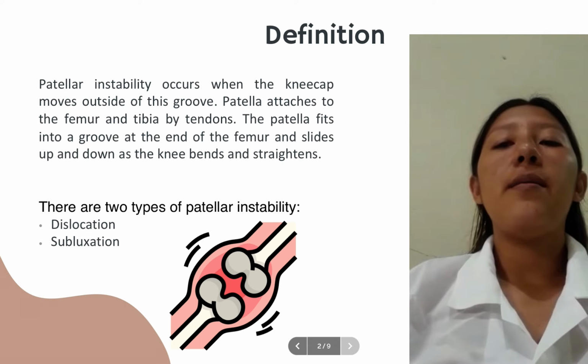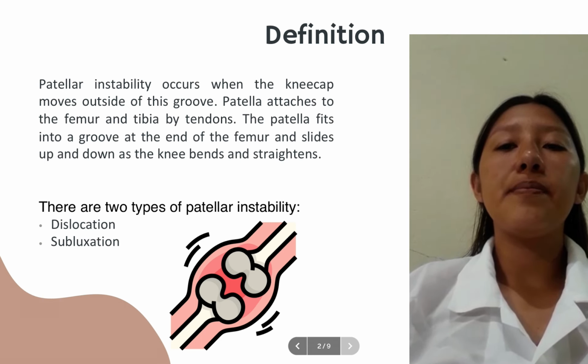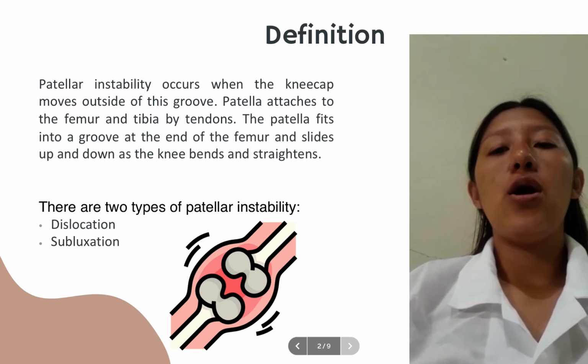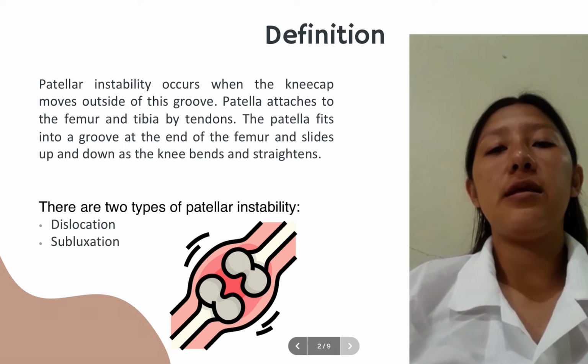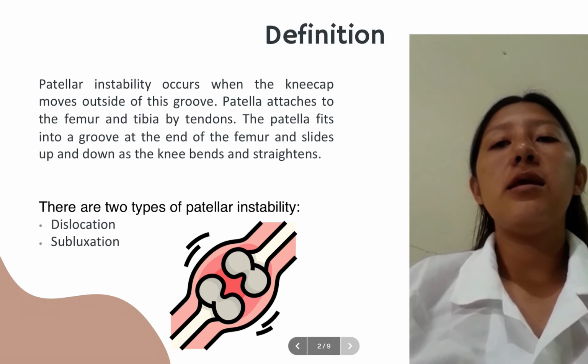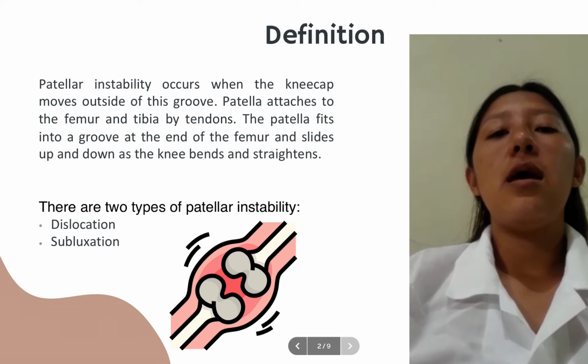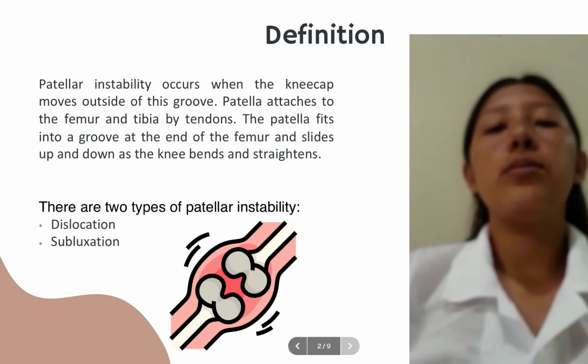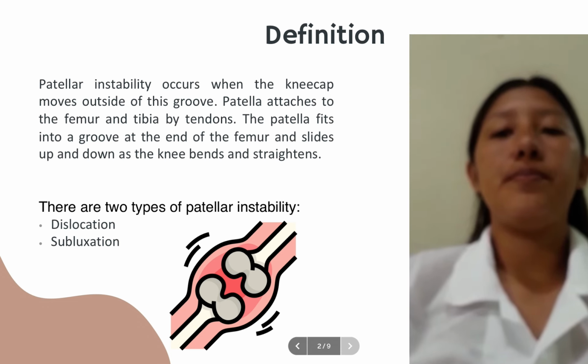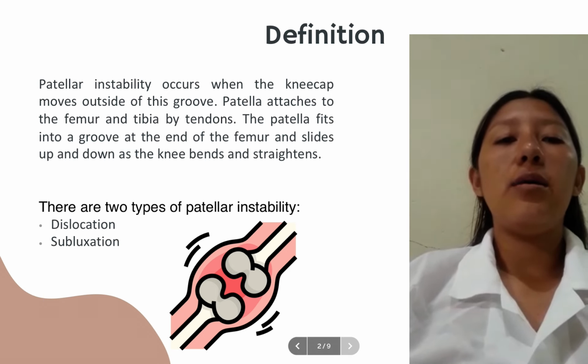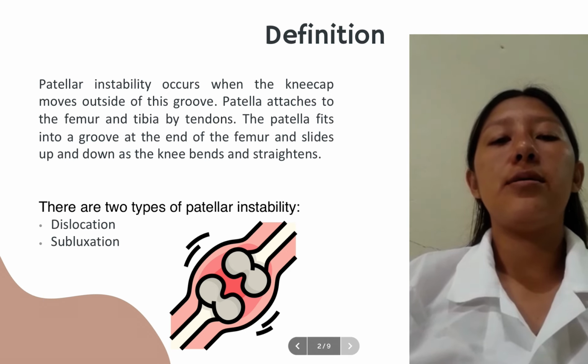The other type of instability is known as chronic patellar instability. In this type, the kneecap usually only slides partly out of the groove. This is known as a subluxation.